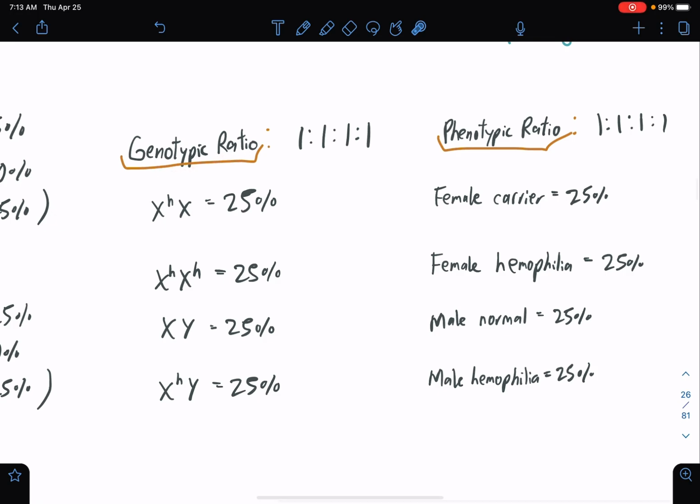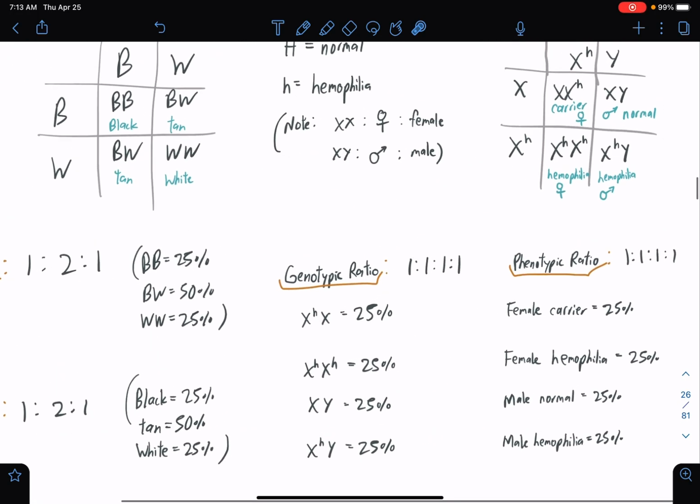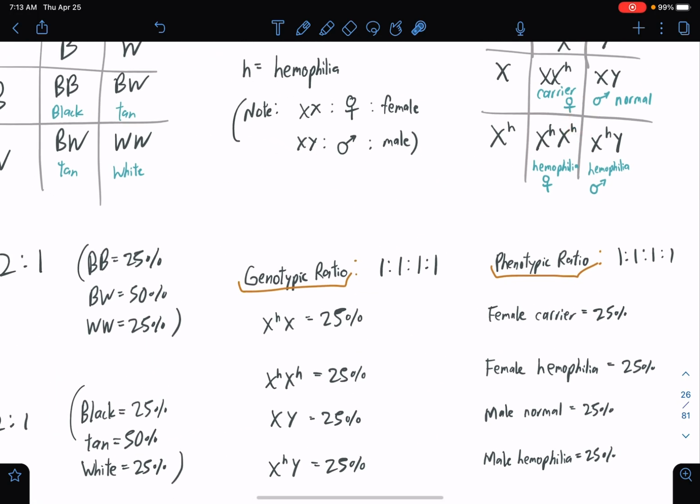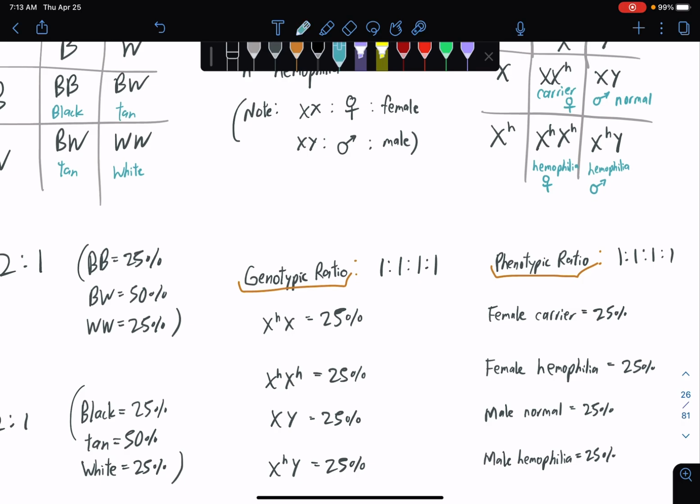Okay, genotypic ratio. So based on the Punnett square, everything's different. So we have 4 different types. This one. Okay. Another concern is that I don't think I've asked my teacher this question, but is this the same as this?